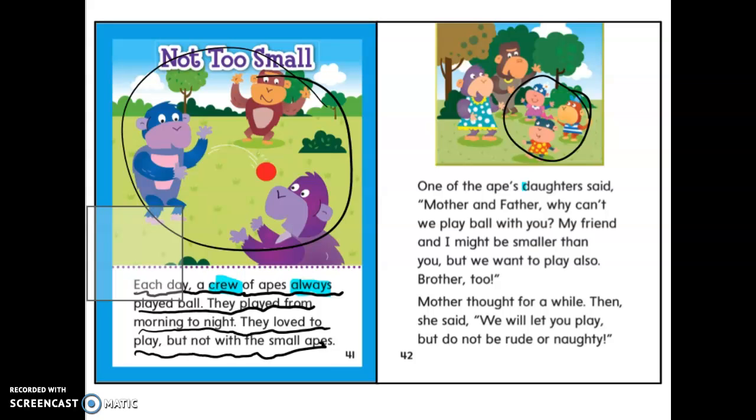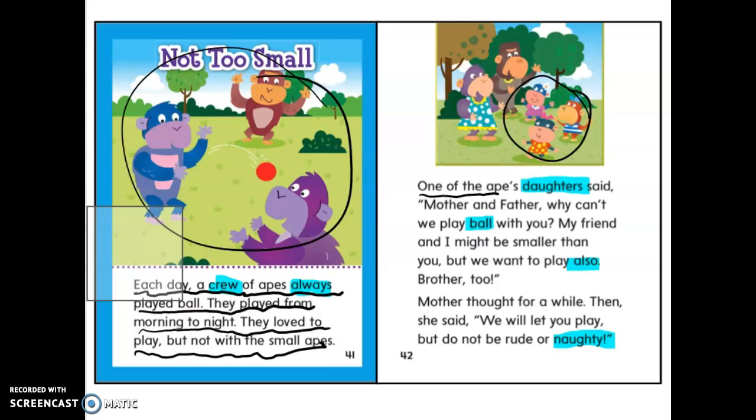All right, here is the word daughters, which has our ah sound in it. We also have the word ball right there, and also naughty. Let's read it together. Ready? Read.